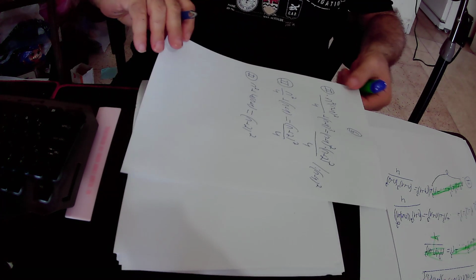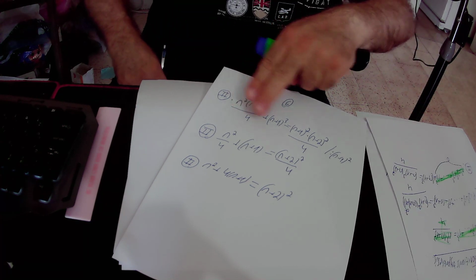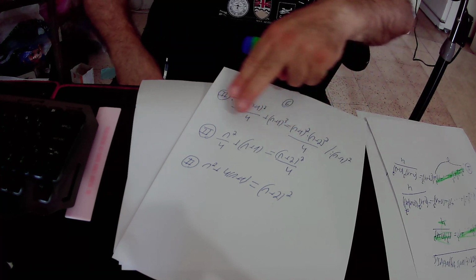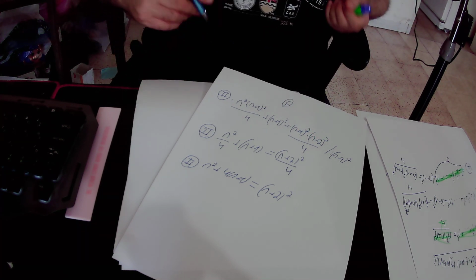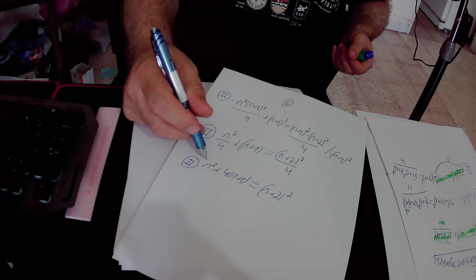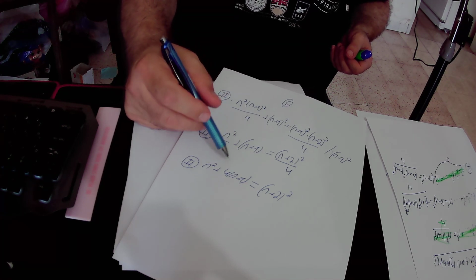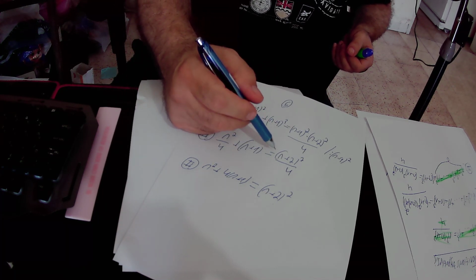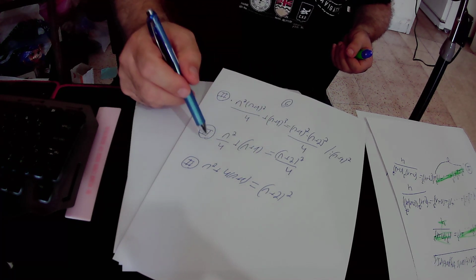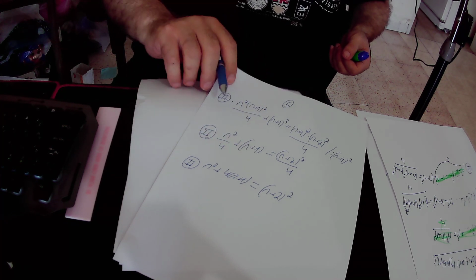Okay, so this is the equation after we multiplied both sides of the equation by 4. So here we will open the brackets in both sides of the equation.